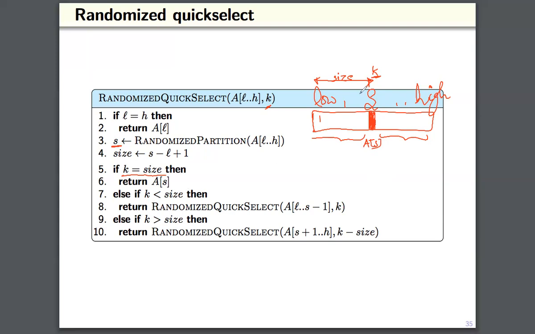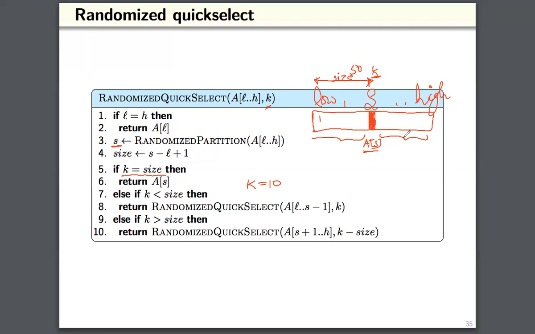If K is less than size, suppose size is say 50, and K is say 10th smallest element. 10 is less than 50. You know that all elements in the first part are less than or equal to A of S. So what do you need to do? All the smallest elements are in the first part.